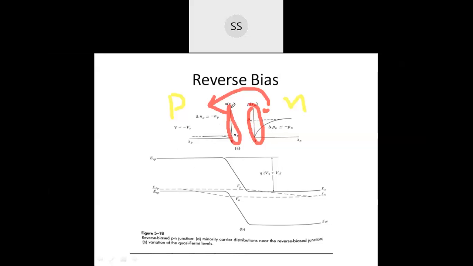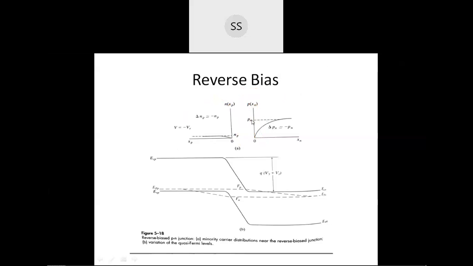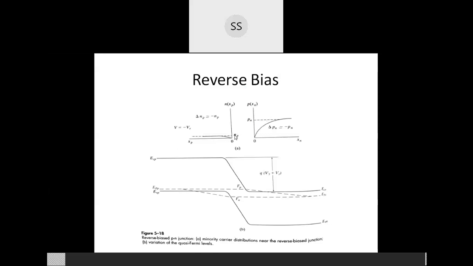arriving at xn naught. So xn naught is nothing but the edge of the n region. So here you can see, if I put n equal to 0, it means it is the edge of the n region. Similarly, xp0 means it is the edge of the p region.